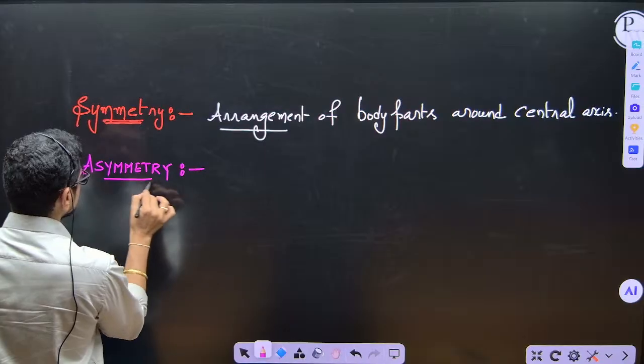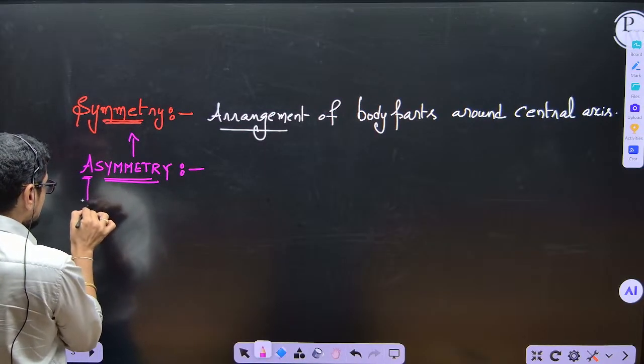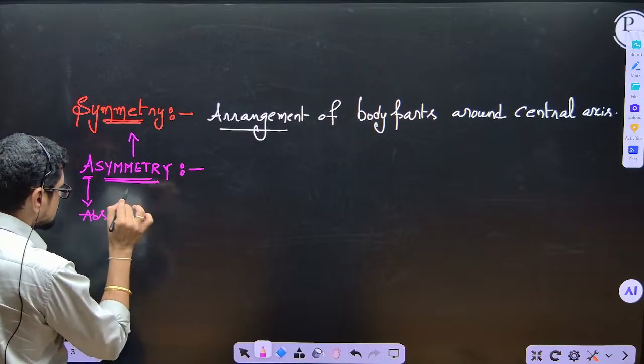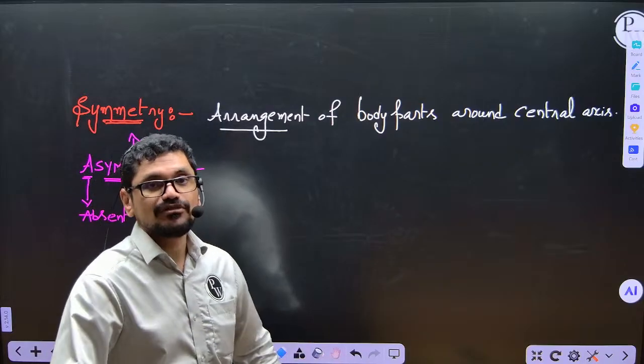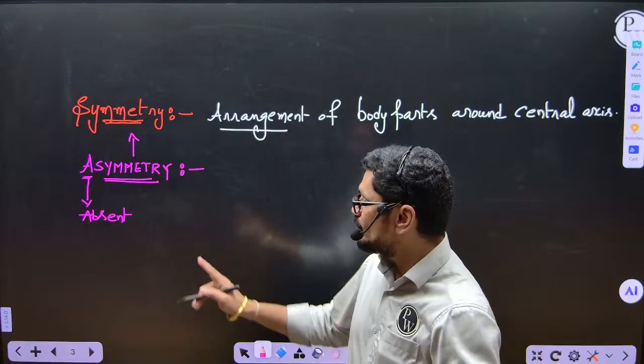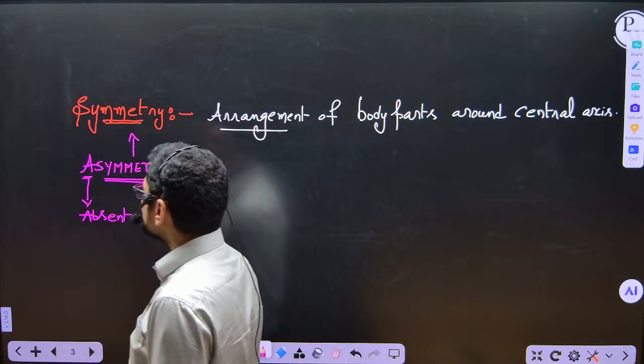Asymmetry. See, what is this asymmetry? I told you what is symmetry. What is this A? A means absent. A and B, they are called alphabets. This is asymmetry, only one word. Perfect. Asymmetry. So what is this asymmetry?